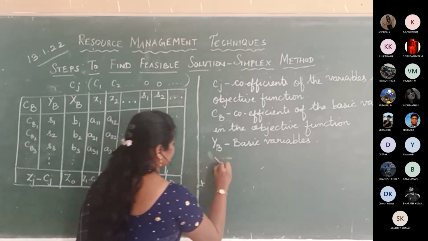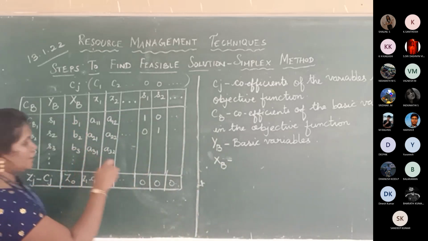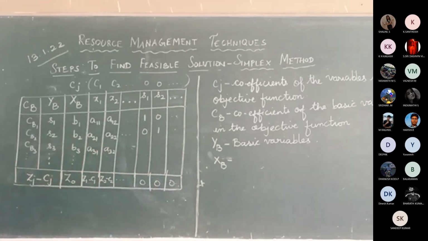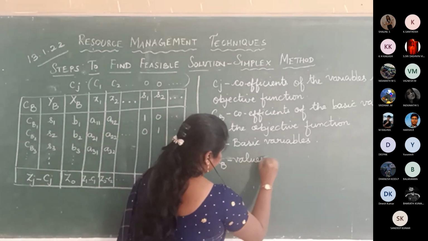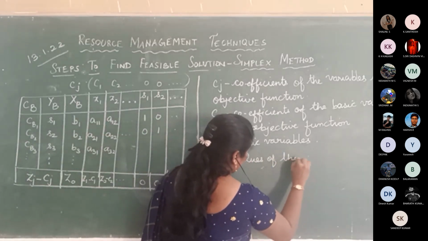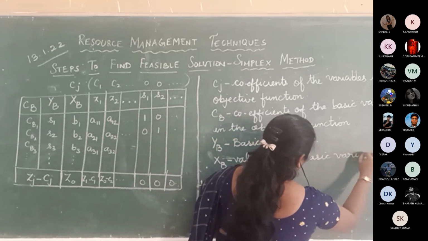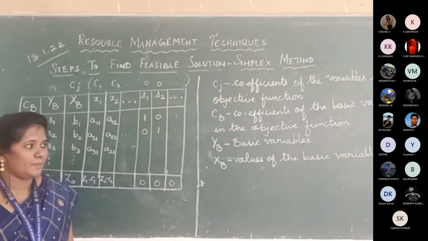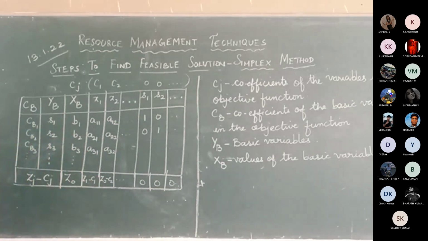XB denotes the values of the basic variables. I will tell you how to find out the basic variables' values. That will be your XB.